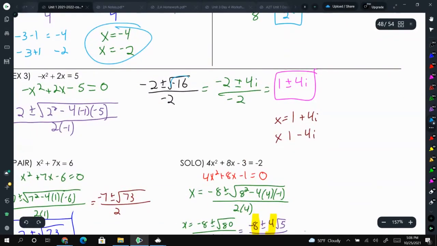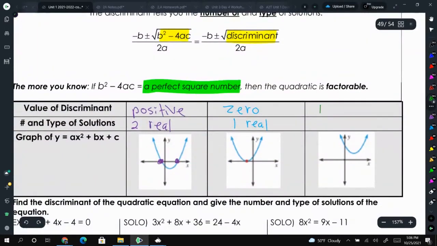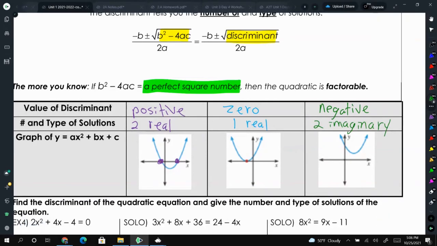What if your discriminant is negative, like we had right here? We have 2 imaginary solutions. So let's go put that down, that a negative discriminant means you have 0 real, or we can say 2 imaginary. That means our graph will not touch the x-axis. So that's a good way to see if you're doing something right.